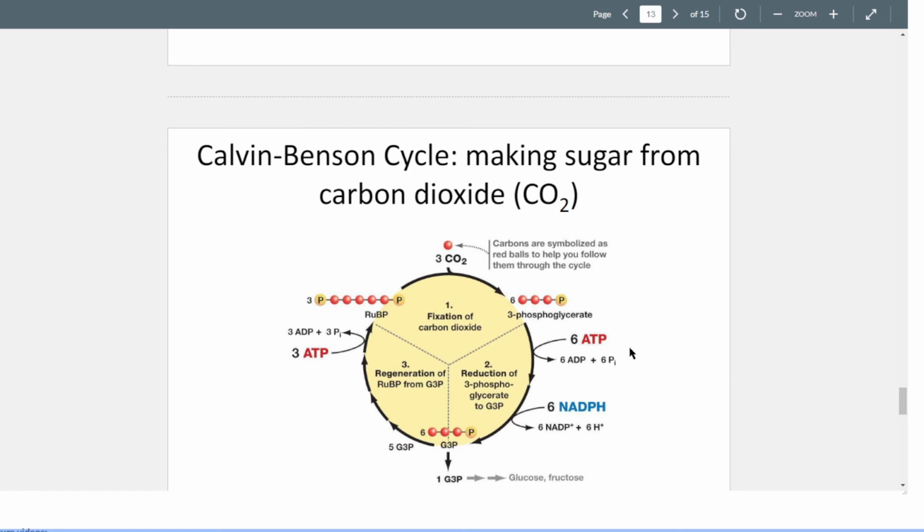So now we're going to use this 6 ATP, and it's called reduction of this into G3P. We're going to break ATP, we're going to break NADPH, and when we do that, we get G3P. Once we get G3P, we're only going to use 1, and the 5 turns back to RuBP, and the cycle goes again.